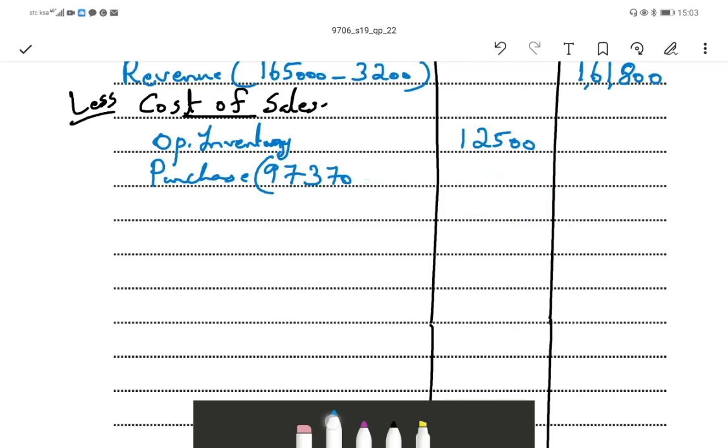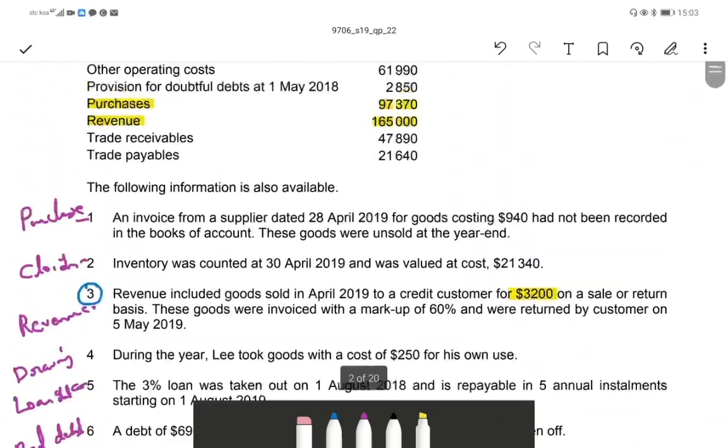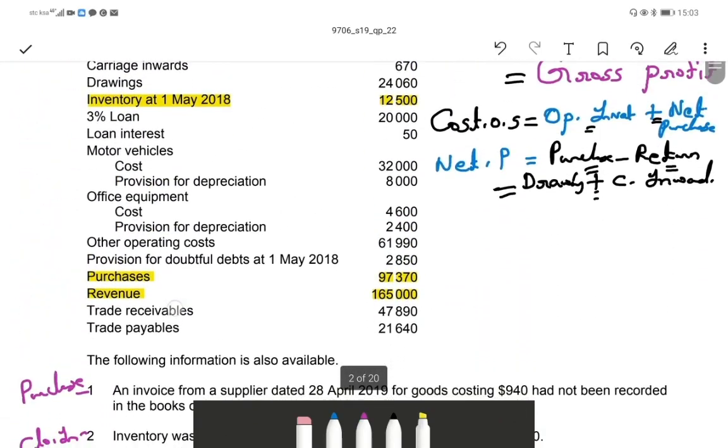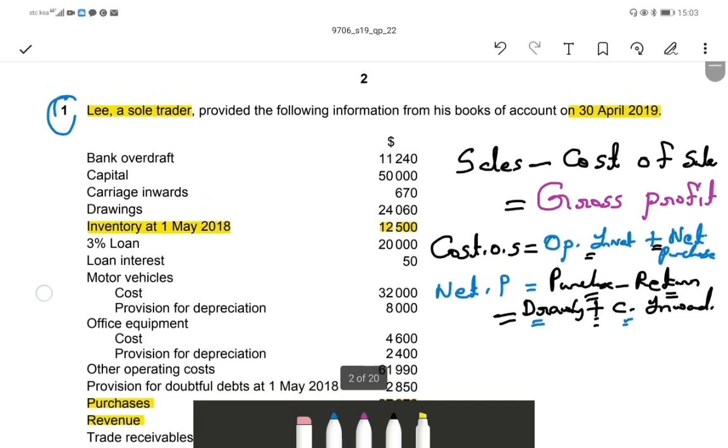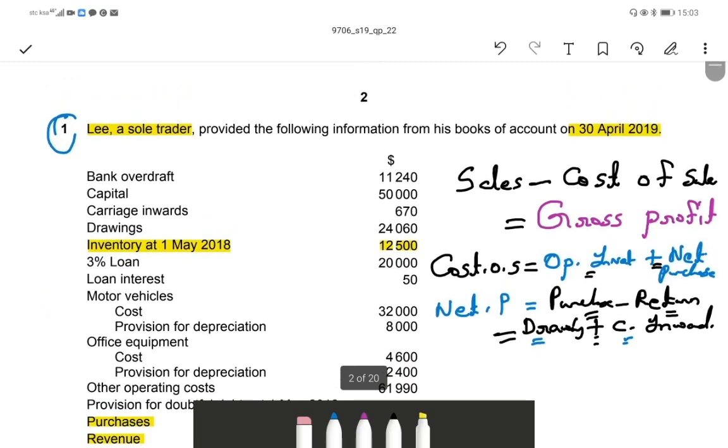So next, is there any return? No return is given in the question. Next we have drawing and carriage invert. Is any drawing and carriage invert given in the question? Drawing, here they are given the drawing 24,060, but if the drawing is given inside the trial balance, these are the trial balance details, we never take in the income statement.